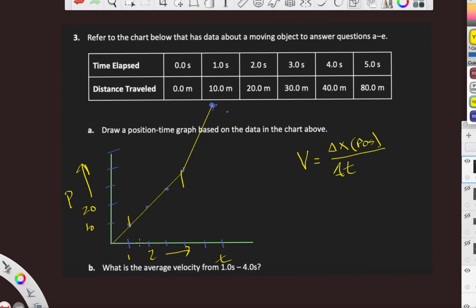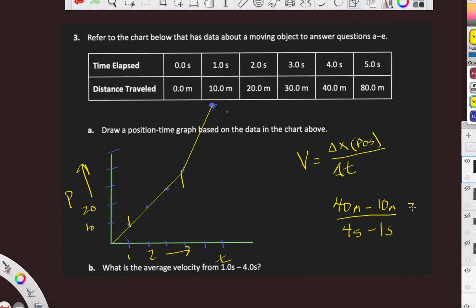So my change in position, we went from 10 meters up to 40 meters, right? Or we go from 40 meters minus 10 meters, and we went from 4 seconds to 1 second, right? That's my change.